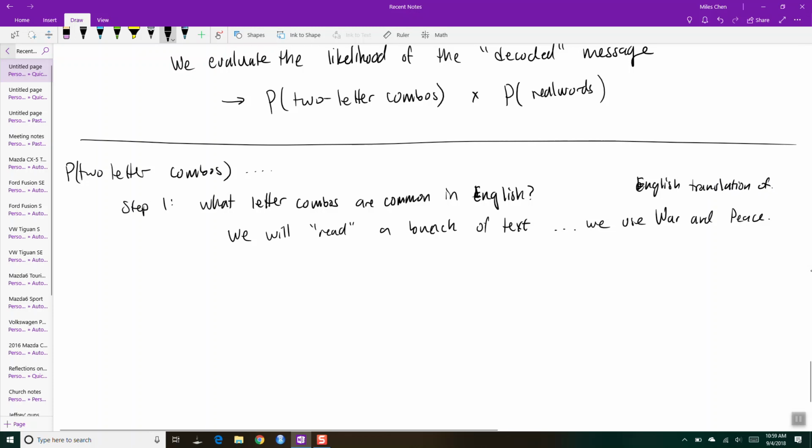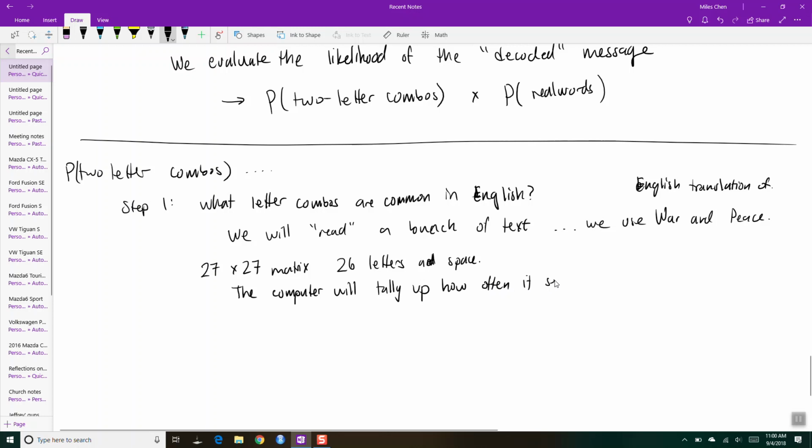single combo, right? So we're going to have a 27 by 27 matrix, okay, 26 letters and space, and then the computer will tally up how often it sees each combo. So it's going to say, how often do I see A followed by A? How often do I see A followed by B? It's going to count them all up.